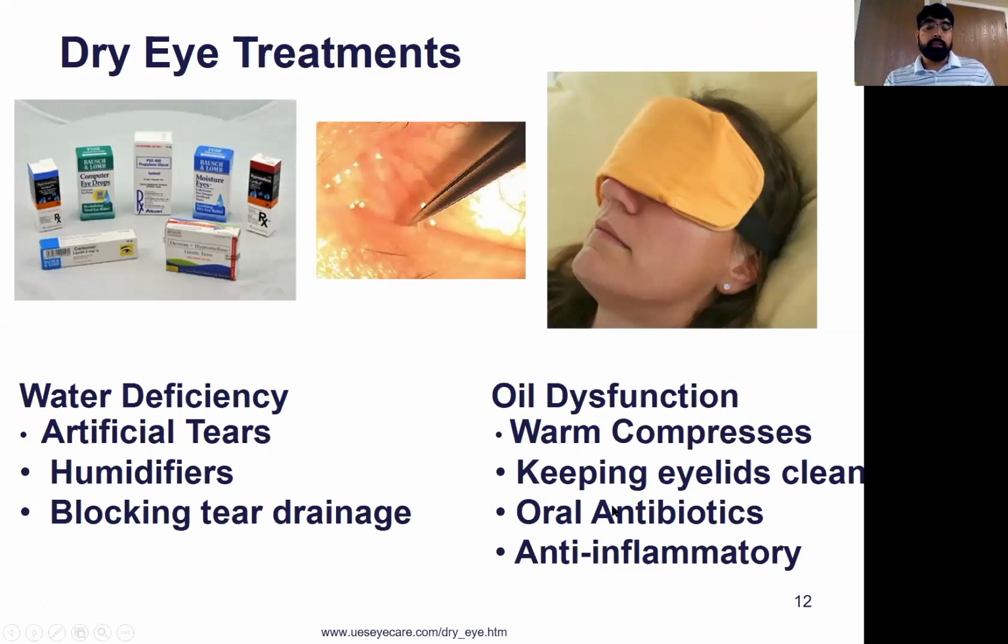You can do eyelid cleaning with a couple of drops of baby shampoo in warm water and a clean washcloth to soak the eyelids and eyelashes to help open up the glands. Sometimes you need oral antibiotics if there is some infection or even inflammation, because some of the antibiotics are also anti-inflammatory, and that can also help decrease the impediment to good tear production.